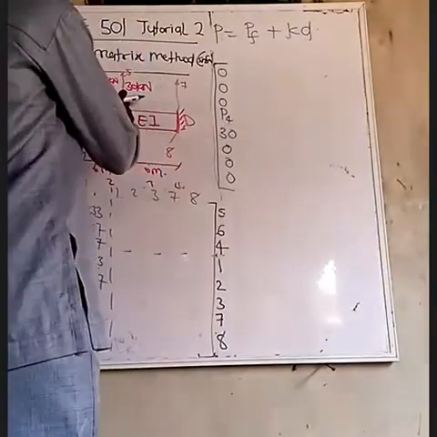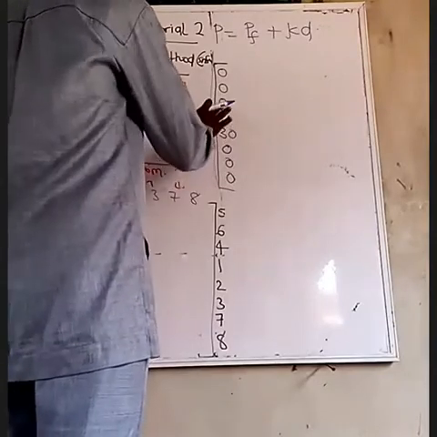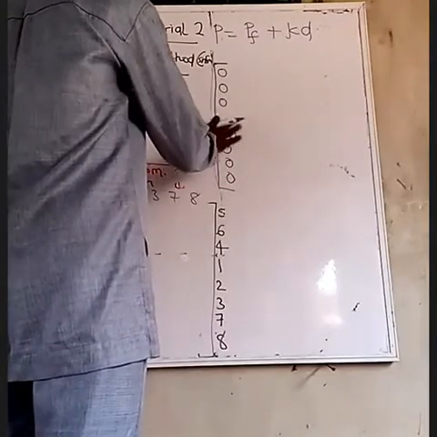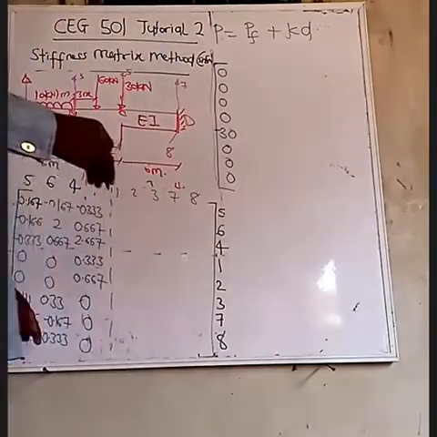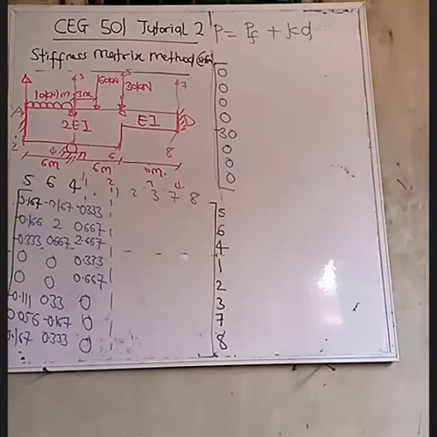So that's minus 30. P5 is minus 30. Then this one is supposed to be 0, because he told us there can be a rotation there because of the fixed support.